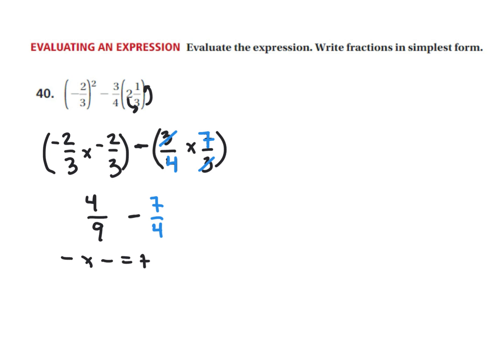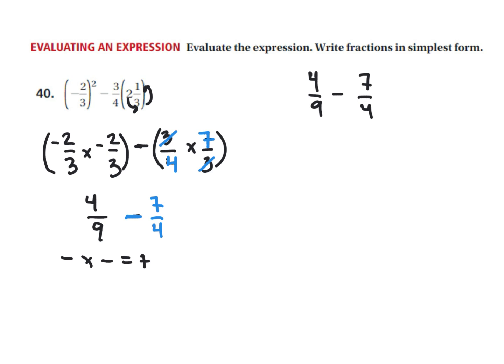But we actually can't do that now because now this is a subtraction problem and we now need to get common denominators. So we kind of have to start this thing over. We need to get common denominators between 4/9 and then we're going to take away 7/4.